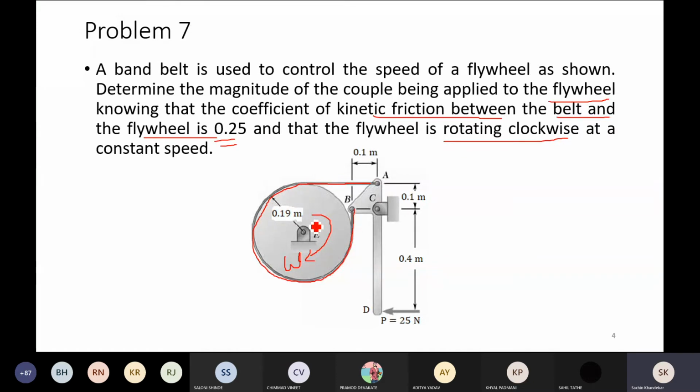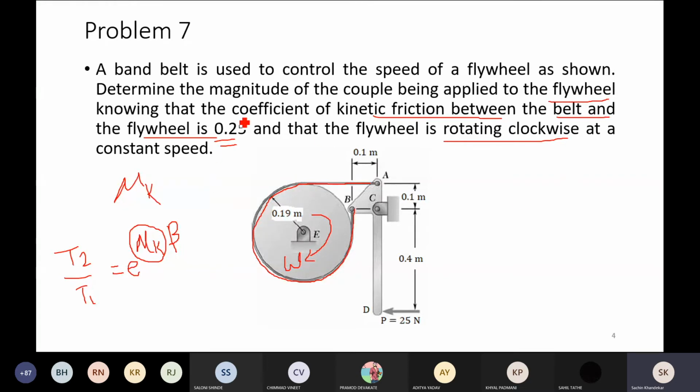And when there is motion, in that case we are going to use the value of mu k. And the same relation, that means T2 by T1 is equal to e to the power mu k into beta. Only the thing is that we are replacing mu s by mu k, that's all. Calculation is same.